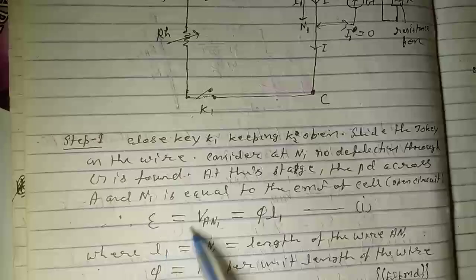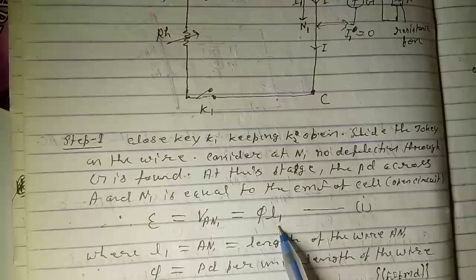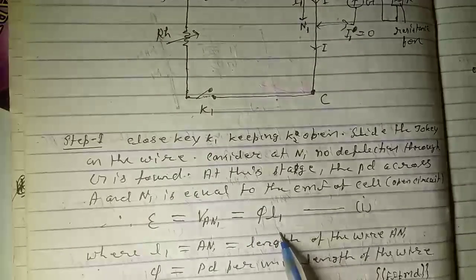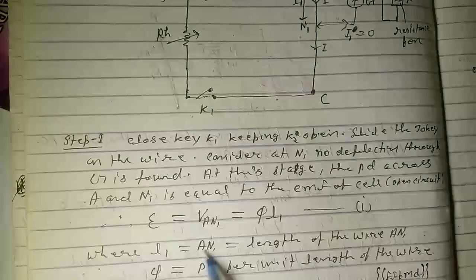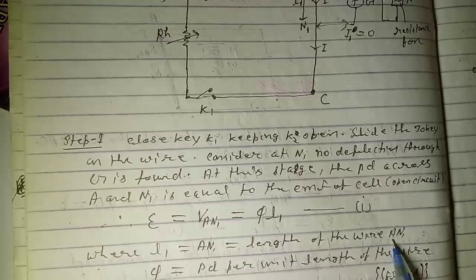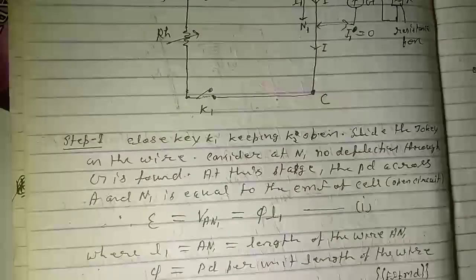Hence, E will be equal to V_AN1 equal to phi into L1, where L1 equals AN1, the length of the wire AN1, and phi is the potential difference per unit length of the wire.